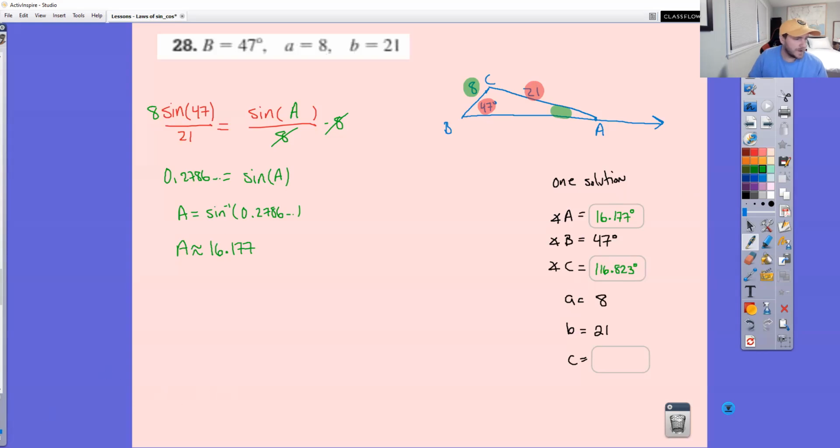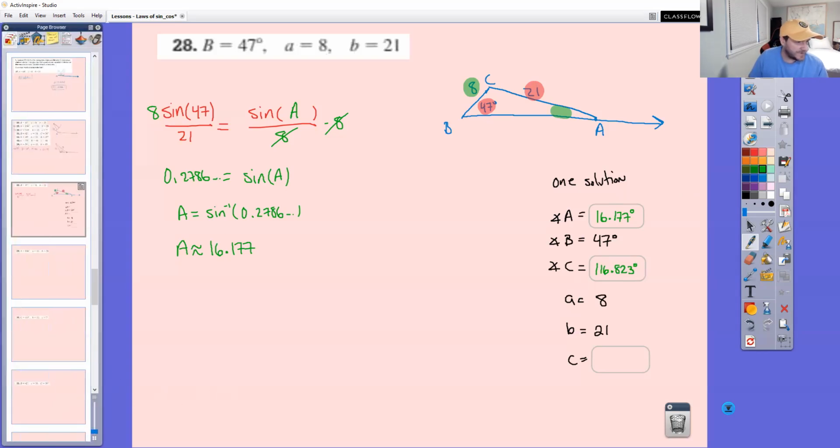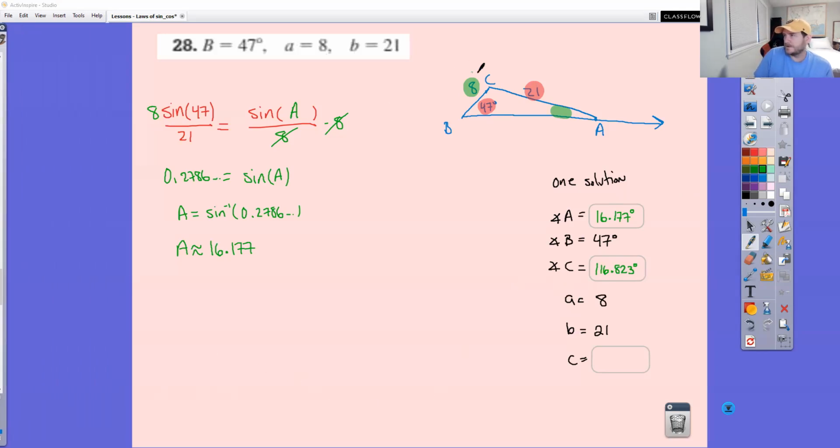Okay, awesome. So now to find the next one, we simply do the law of sines again, because now that we know angle C, we've got that, we can find side C by setting up another sine ratio.